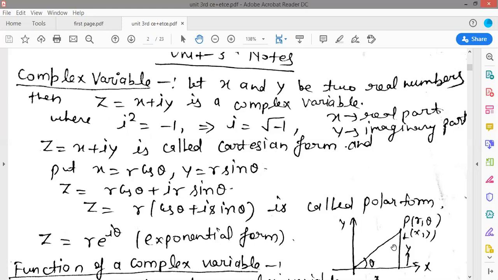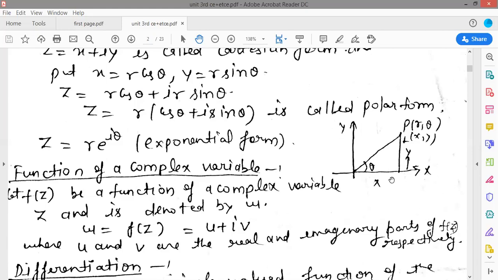This is the x-axis, the horizontal axis, and the y-axis is the vertical axis, and this point is P (r, theta). So just find the value of cos theta here. Cos theta is x upon r, where r means the hypotenuse, the square root of x square plus y square. So x is equal to r cos theta, y is equal to r sin theta.